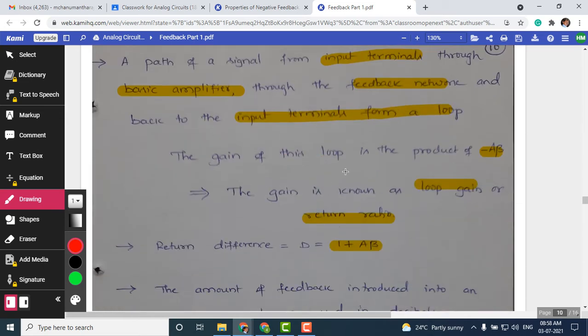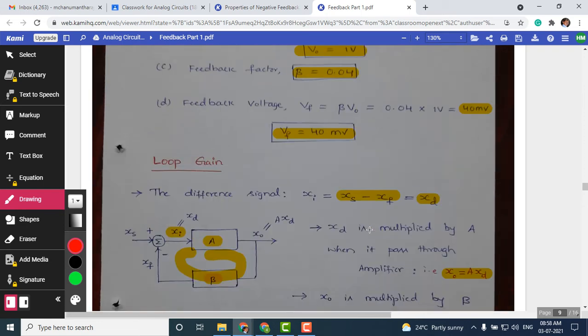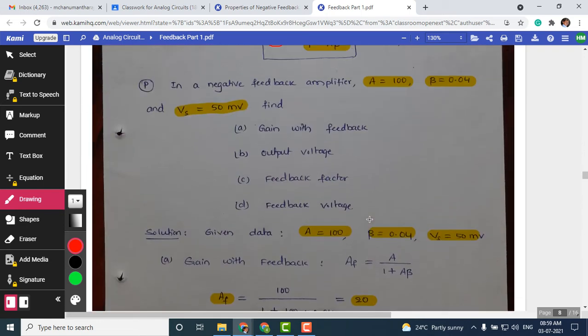We have explained this here, which you can go through, and I will just highlight the important things required for your reference. The 1 plus A beta has another terminology called return difference. You have seen this 1 plus A beta in various formulas, for example in the gain equations.